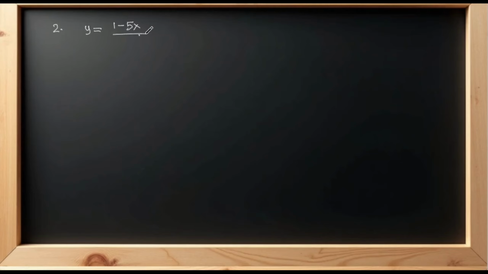So this is quotient rule because we are dividing. So here we have u equals the numerator 1 minus 5x, and v equals the denominator, and that is 3x plus 2.